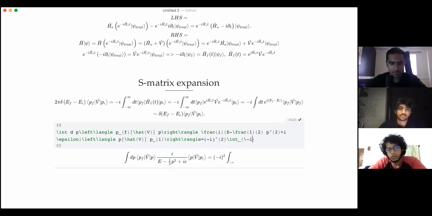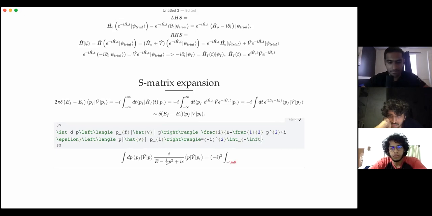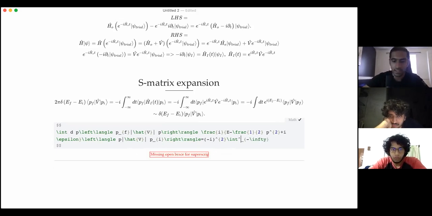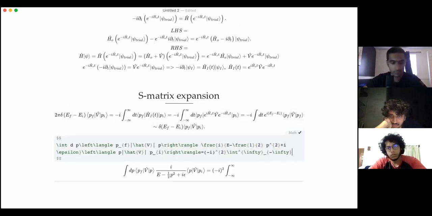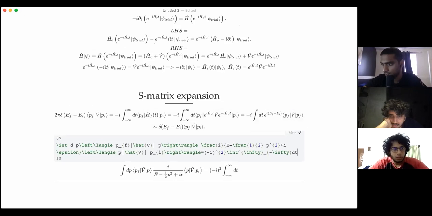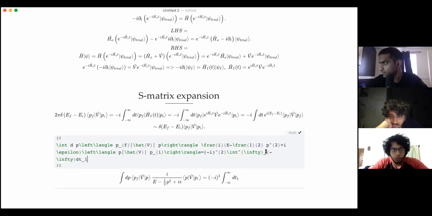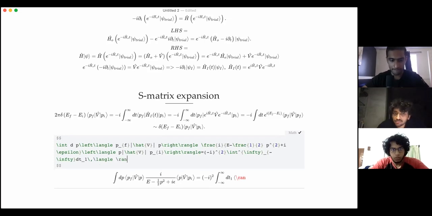So the first integral is from minus infinity to infinity, times dt1, of, always taking the sandwich between pf and pi.